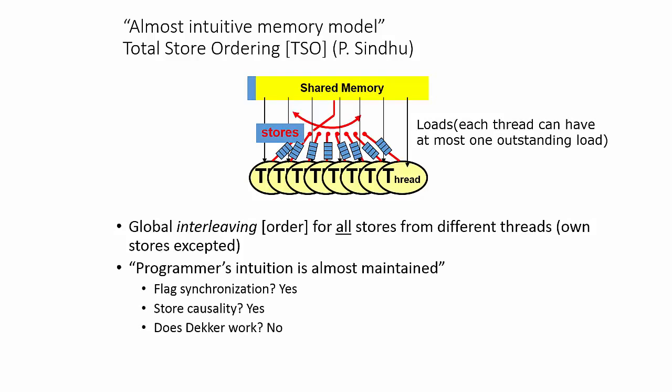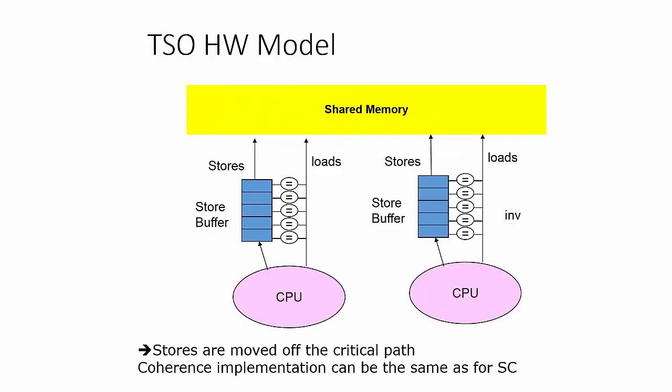Programmer's intuition almost holds, so flag synchronization and store causality work, and Dekker's algorithm does not work because the loads can bypass stores, which it relies on. It's implemented by having a store buffer and putting stores off the critical path, and the coherence implementation is exactly the same as for sequential consistency.